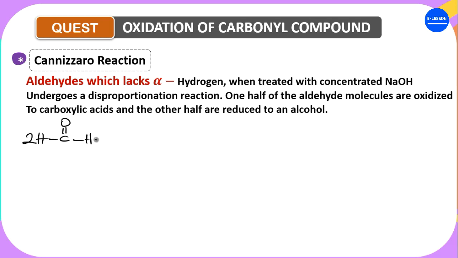So we are going to use two formaldehyde molecules here. When we say disproportionation, it means that about 50% of the formaldehyde will be oxidized to form a carboxylic acid, and the other half are reduced to form an alcohol. Are you getting it now? So what do you think will be the product of this reaction?